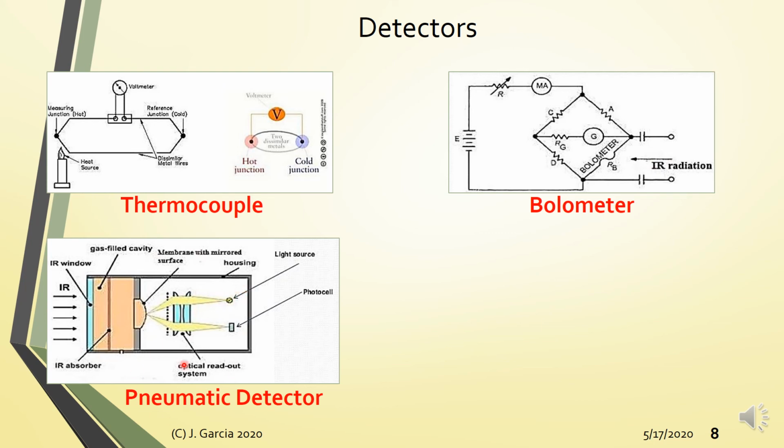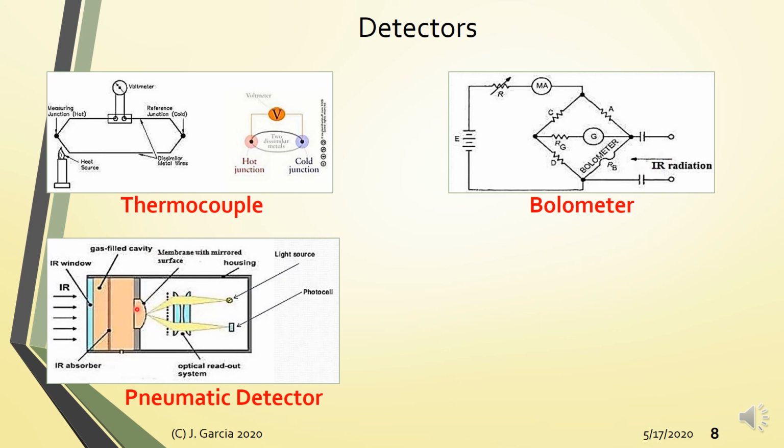For the pneumatic detector, basically you have here a gas filled cavity, usually xenon. When the IR radiation hits, it will heat up the gas, causing this membrane with the mirrored surface to move due to the expansion of the inert gas.